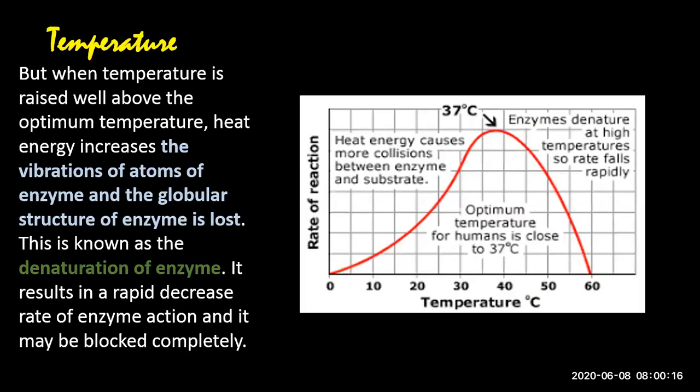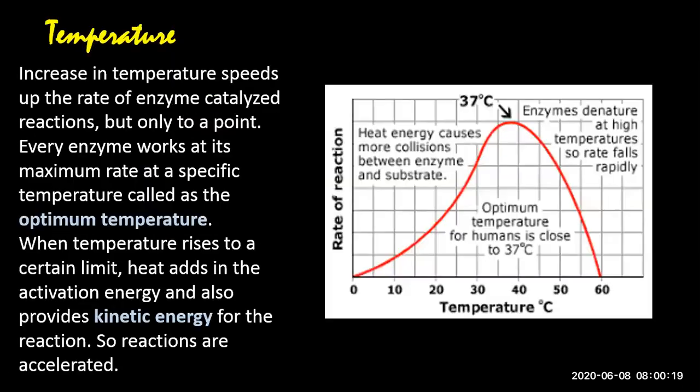Let me revise about temperature. Basically, what is temperature? Temperature is a factor which is affecting the rate of enzyme catalyzed reaction. As soon as temperature increases in every reaction, the rate of enzyme catalyzed reaction increases, but to a certain extent, and the rate of reaction becomes maximum at a certain point, and that temperature is called the optimum temperature.